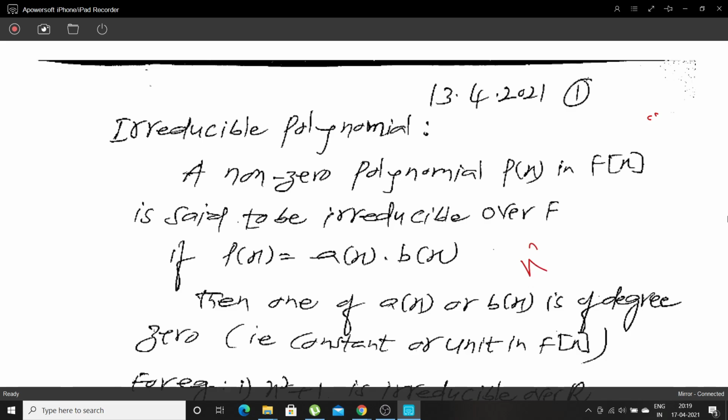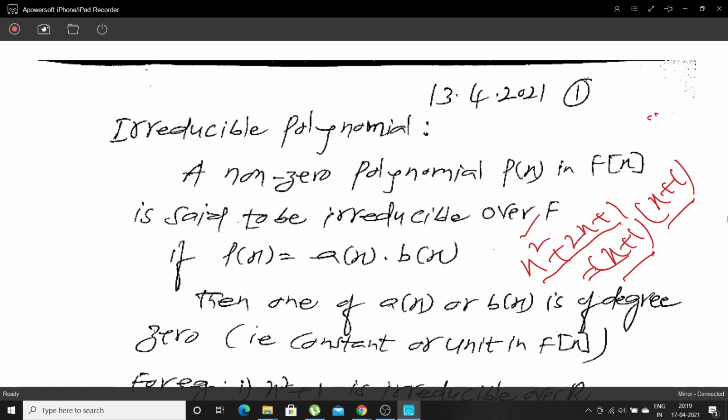So x square plus 2x plus 1 can be written as x plus 1 into x plus 1. This is a polynomial of degree 2. Let me split this polynomial into a lower form. First polynomial, second polynomial, both are linear, that means degree 1. So we call this one reducible.